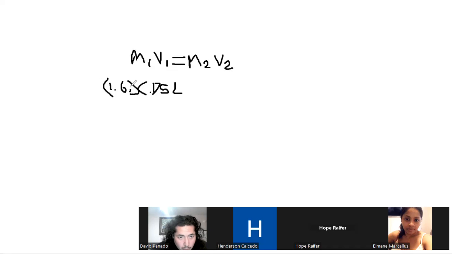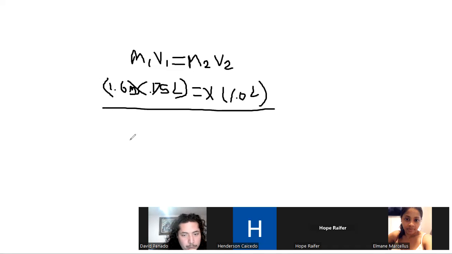Okay, and then it equals, we don't have the molarity, so we put an X there. But we do have the volume for this one, and it's 1.0 liters. So how do we solve this?